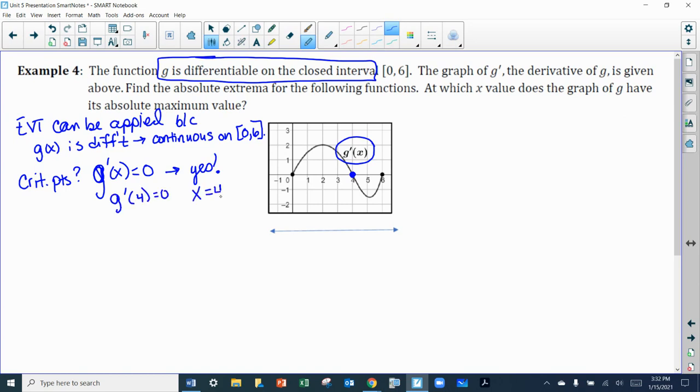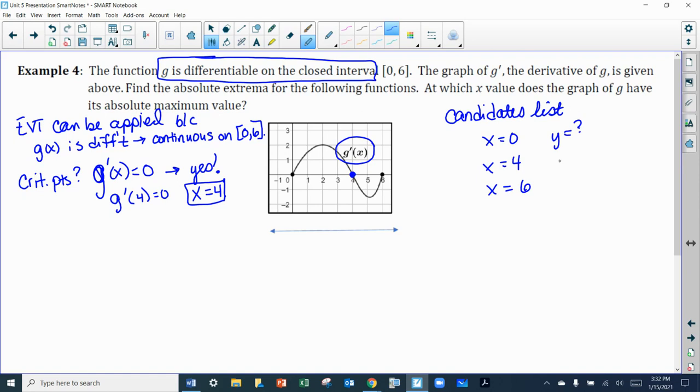So x equals 4 is a critical point. And then we also have our endpoints. So my candidates list would include x equals 0, x equals 4, x equals 6.